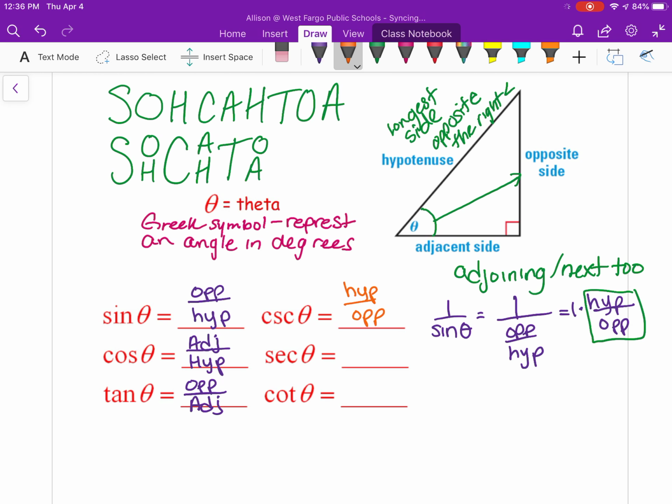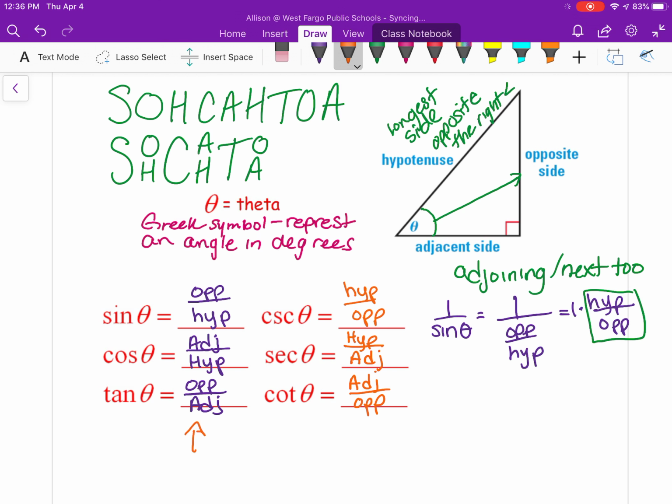And the same argument can be made for secant and cotangent. They're the reciprocals. So if cosine is adjacent over hypotenuse, secant is the hypotenuse over adjacent. And cotangent is the reciprocal of tangent. So if tangent is opposite over adjacent, cotangent is adjacent over opposite.